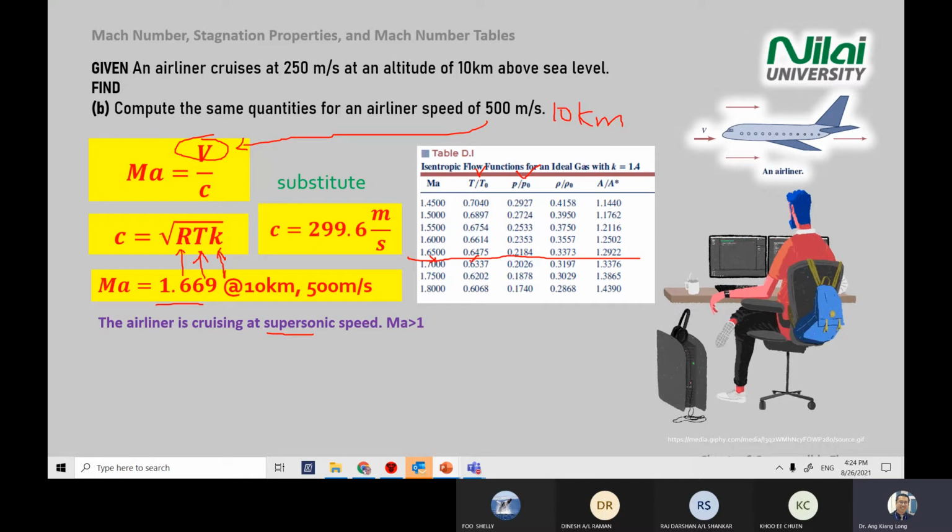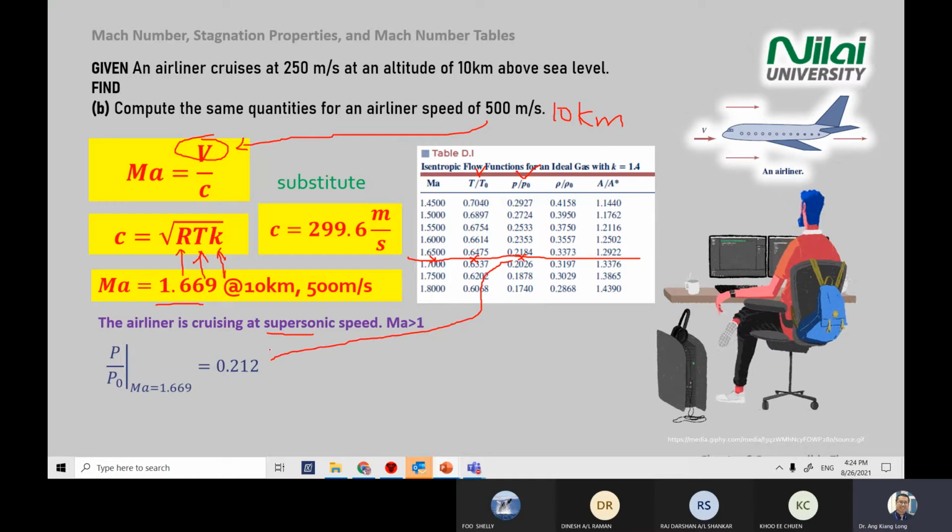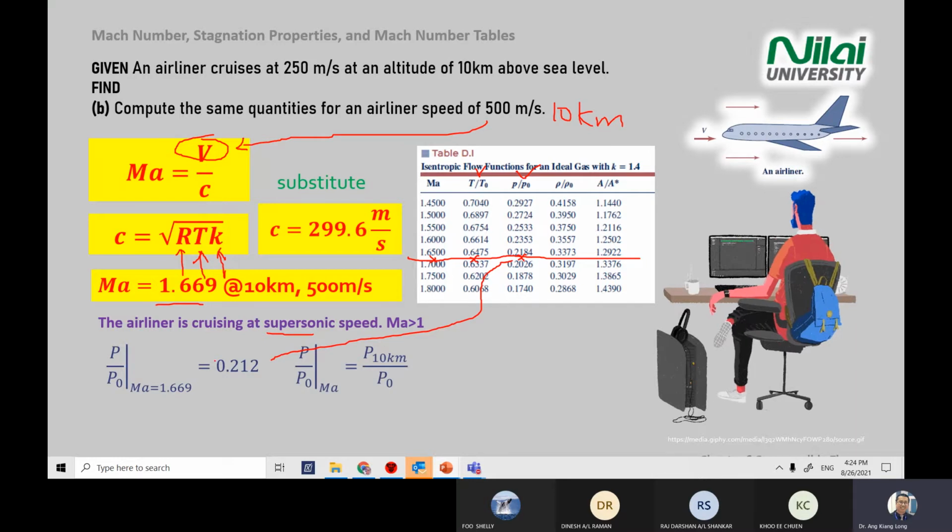You find the temperature ratio and pressure ratio at this Mach number, and then substitute the pressure accordingly. If we interpolate from this table, P over P0 at Mach number 1.669 will be 0.212.